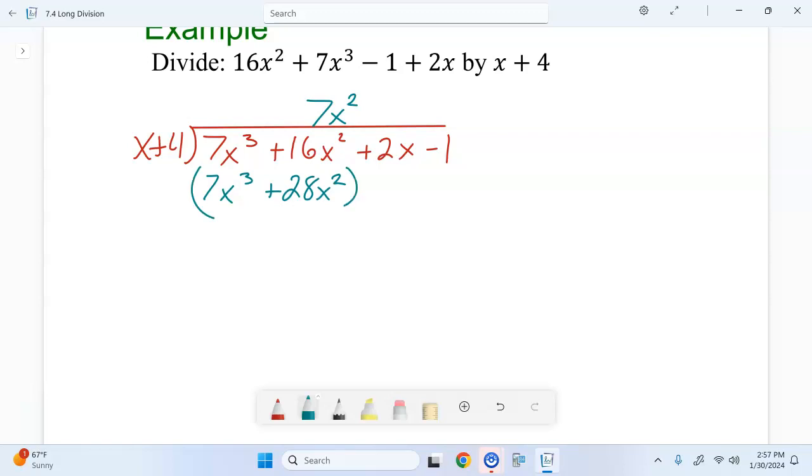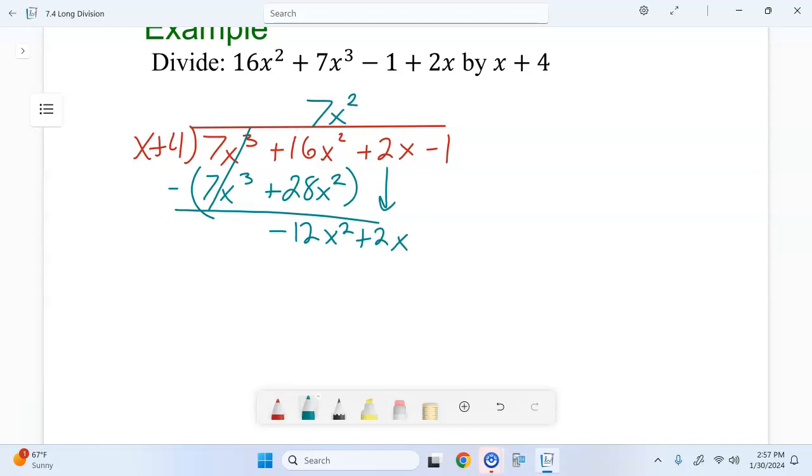Okay. It's 28. Subtracting, you don't get rid of the variables. You only cancel them out if you're dividing or subtracting. Okay? Bring down. All right, now what?